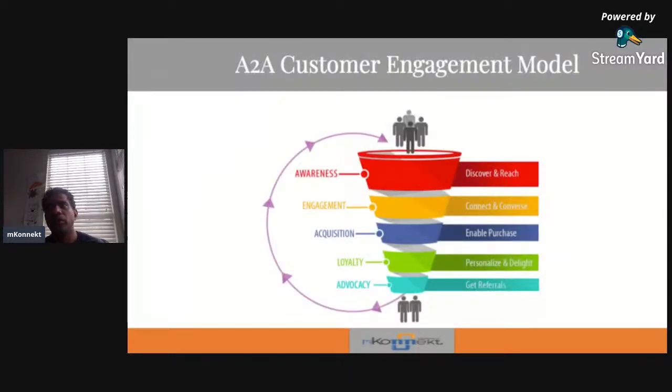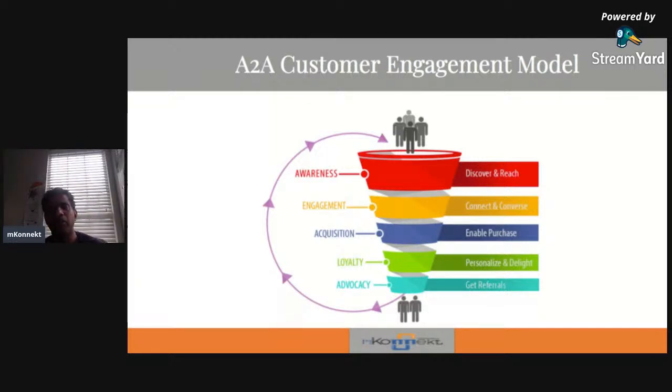This is the journey that a customer is part of when he or she engages or interacts with the restaurant brand. They walk through five stages: awareness, engagement, acquisition, loyalty, and advocacy. At each stage, when they're interacting with the restaurant brand, they give out some data in terms of their preferences, their personal information, their demographics, and so on.